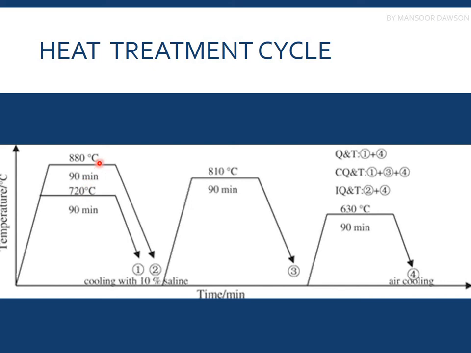The holding time is 90 minutes, and then there is controlled cooling, which has the same rate as the heating in this case. Then we have another example in which our material is heated to 810 degrees Celsius and held for 90 minutes, and then cooled. In the fourth case, we have heated it up to 630 degrees Celsius, held it, and further cooled it down.